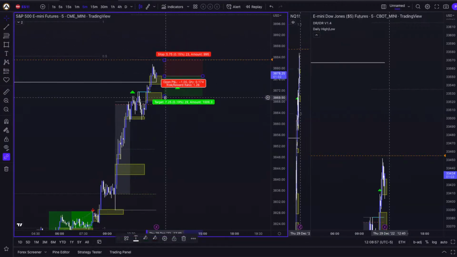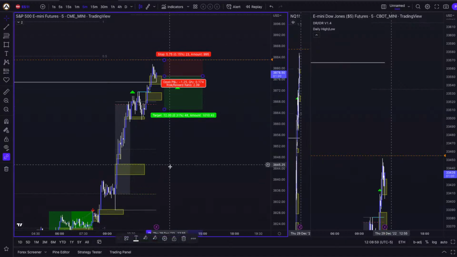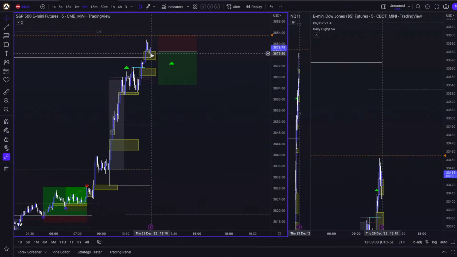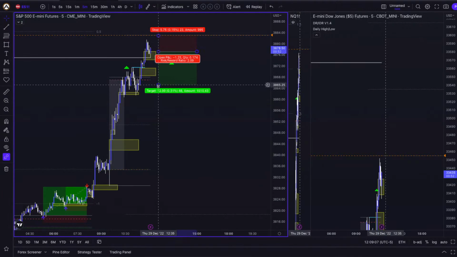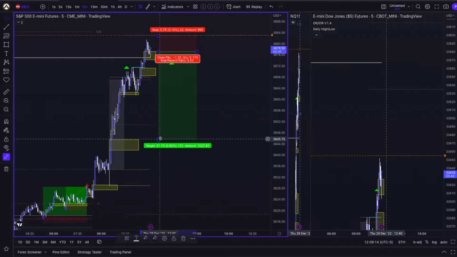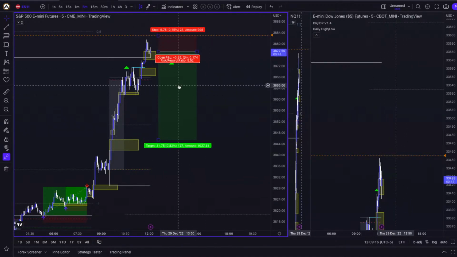Let's say you do something like this. You wouldn't take profit here. I mean, let's say you had 1, 2, 3, or 4 losing trades in a row while trying to catch a reversal right here. You need at least a 5 or 6-to-1 risk to reward in order to make a decent amount of profit for this day.